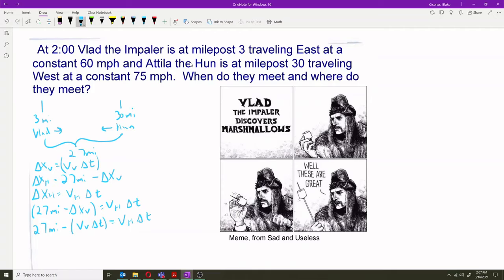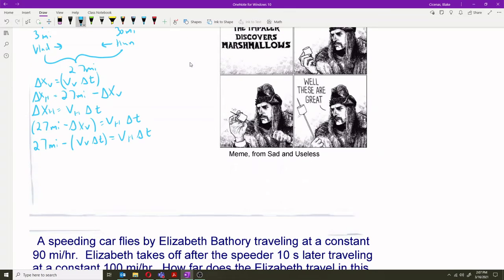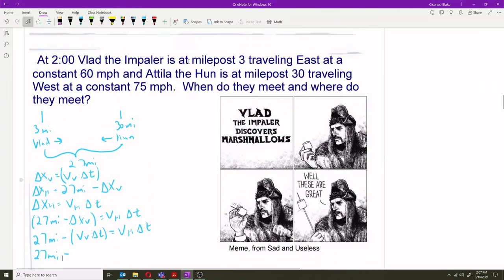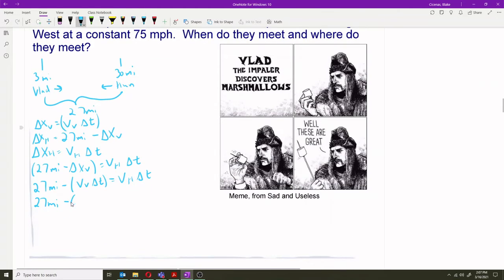But yeah, now I have one unknown variable, and that's time. And so now I can plug in what I know and solve. So let's do 27 miles minus, the velocity of Vlad was 60. And it's best to always write this as miles over an hour.